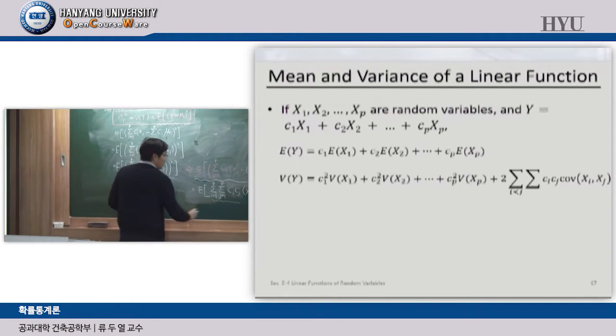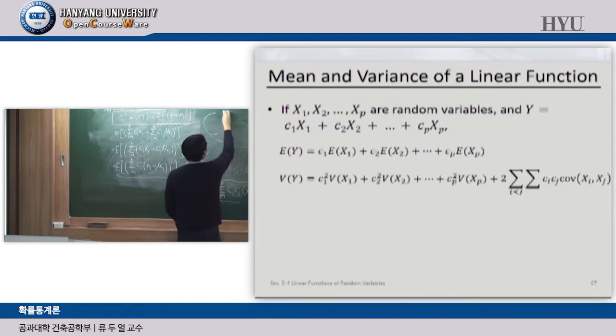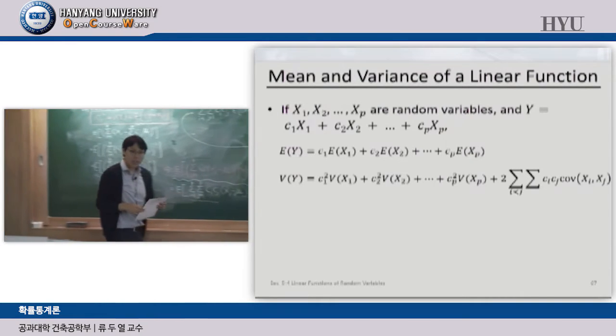So, this can be changed to this equation, the double summation of i from 1 to p and j from 1 to p, c_i, c_j, and the expectation of (X_i minus mu_Xi) by (X_j minus mu_Xj).